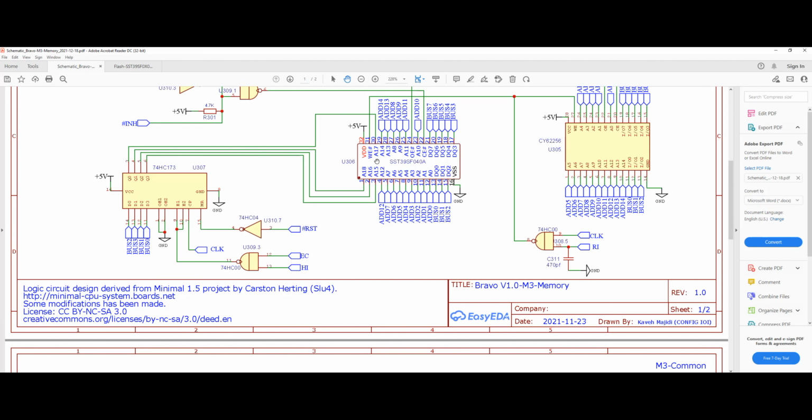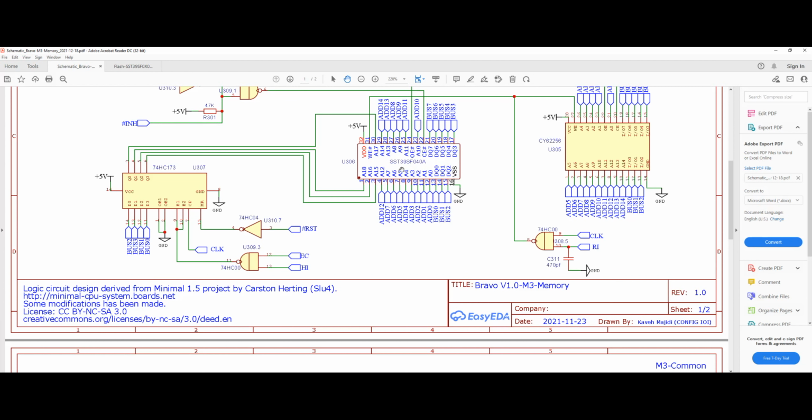The write operation on these flash memories is not as straightforward as, let's say, a RAM chip. In the case of RAM, when you have data on the bus, you could simply bring the write enable line low, and that would cause the data from the bus to be written into our RAM chip.